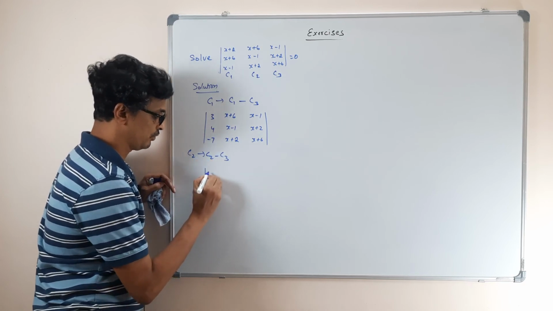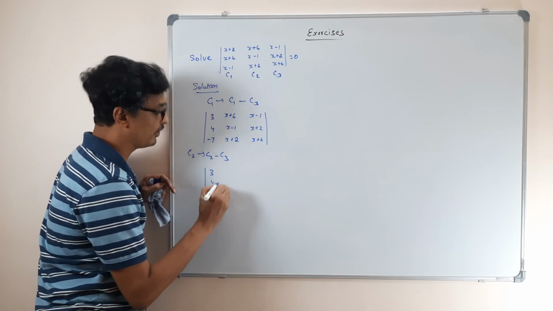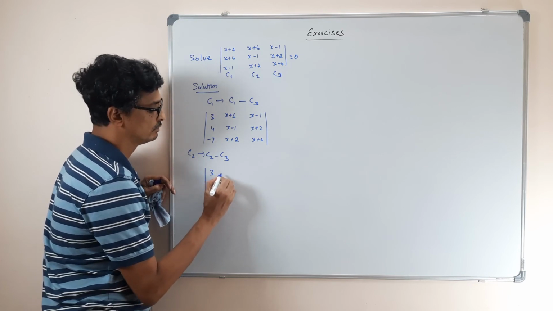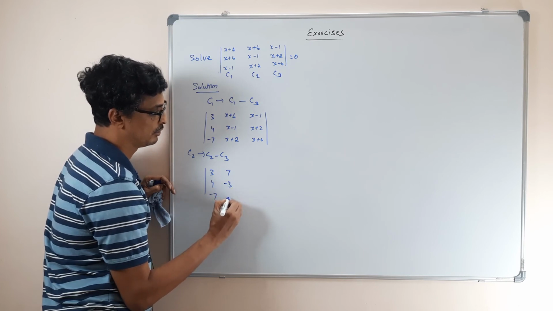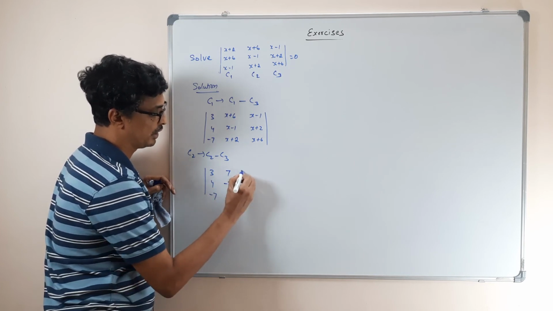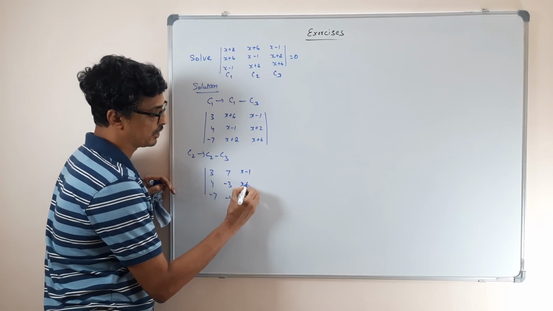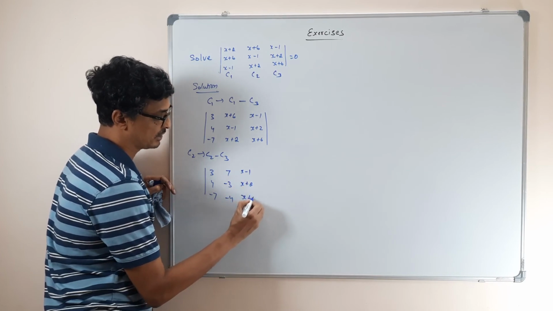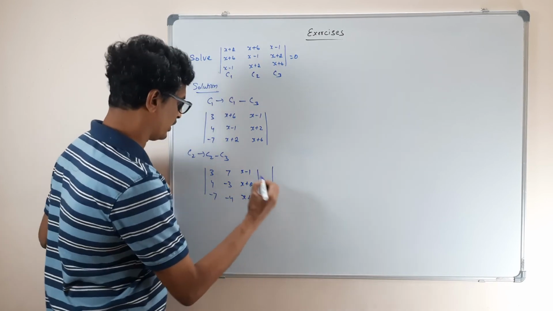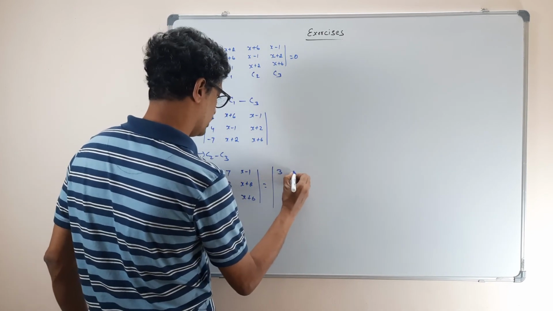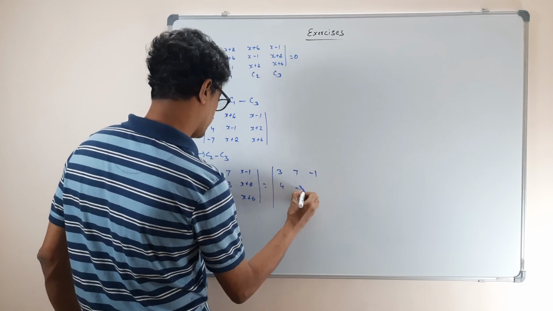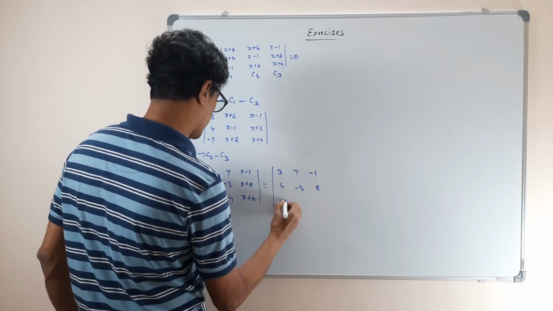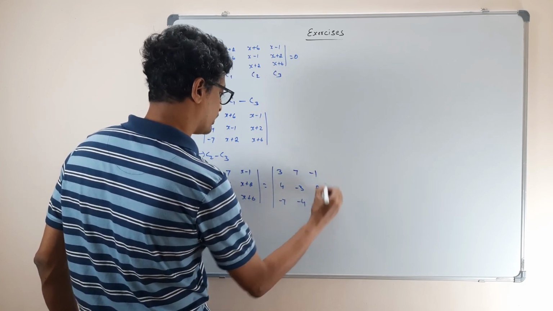So what will it become? 3, 4 minus 7, 7 minus 3, minus 4, x minus 1, x plus 2, x plus 6.